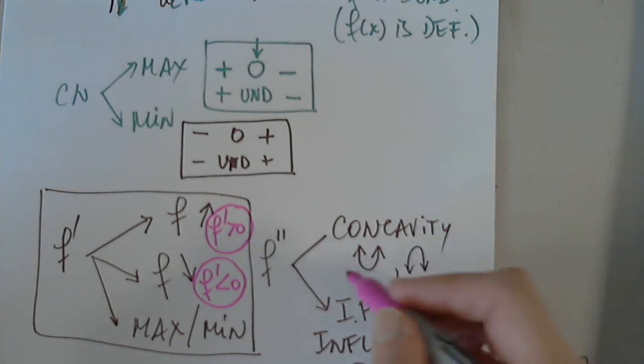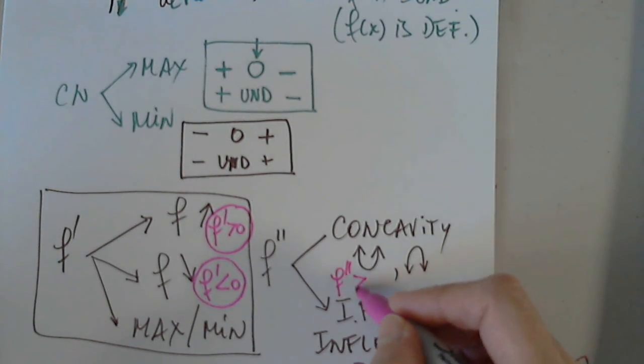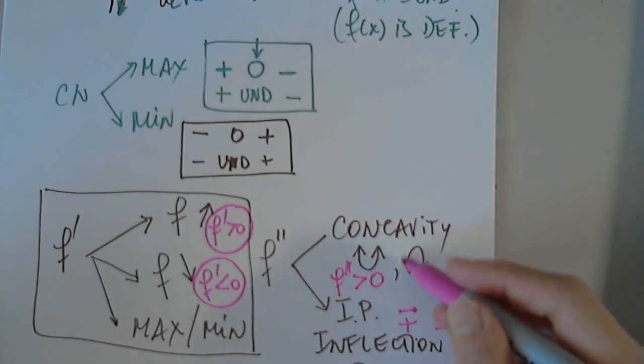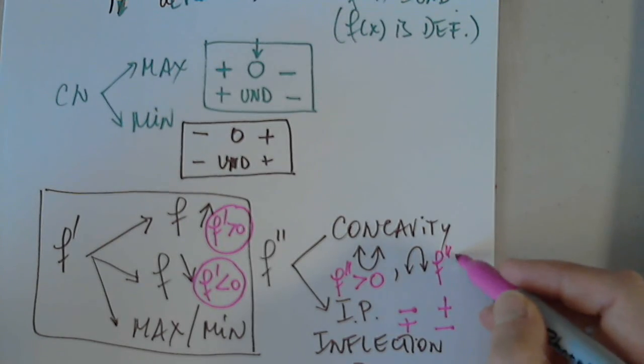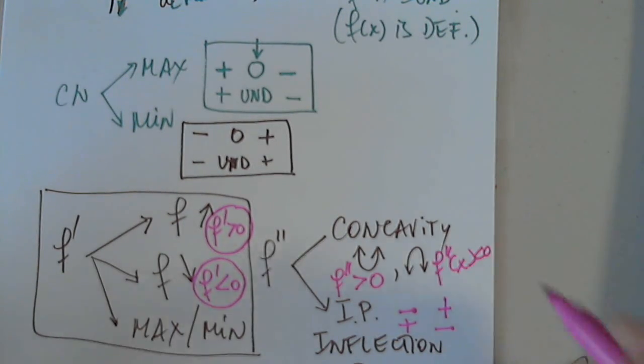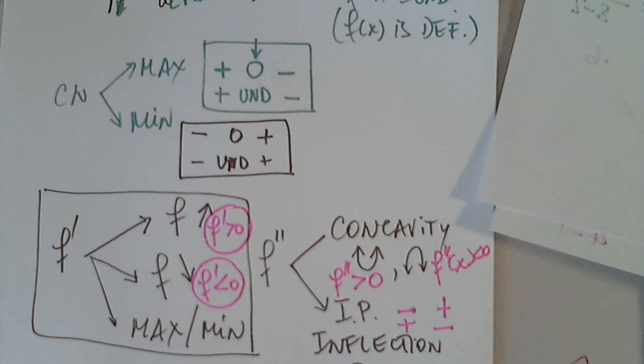So it opens up when the second derivative is positive. It opens down when the second derivative is negative. We're going to use this over and over. You're going to get tired of it. Okay, I would like to look at an example. Let me see where I am with time. Oh, I have to start.